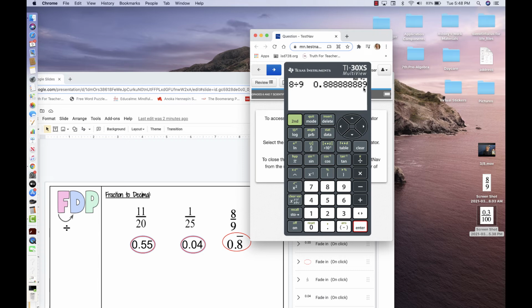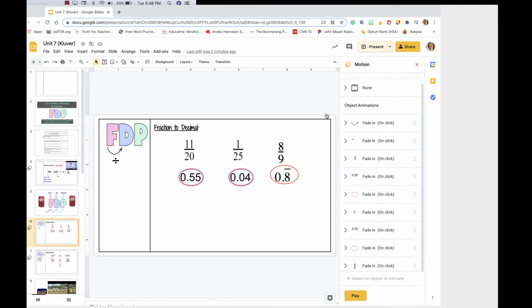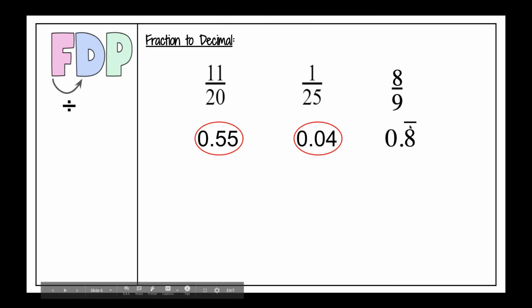This is a repeating decimal. My calculator is rounding up the last digit that it can show up to a 9, but this 8 is going to go on forever. So when we write it, we want to make sure we put the notation bar over the digit that repeats. It's been a while since we've had to do that. So changing a fraction to a decimal, we divide numerator divided by denominator.